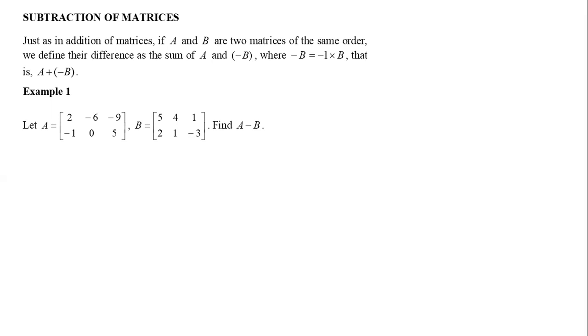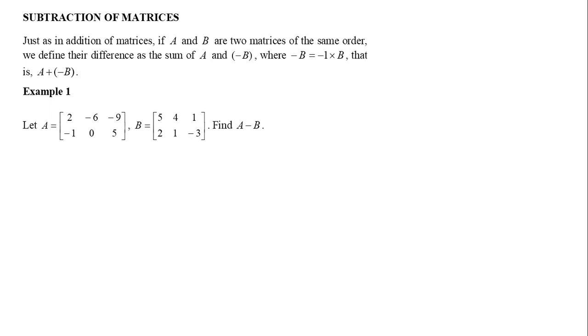Then we want to subtract. For me to subtract these matrices, it's the same as saying I want to add matrix A and matrix minus B. The first thing I will do is multiply matrix B by -1.